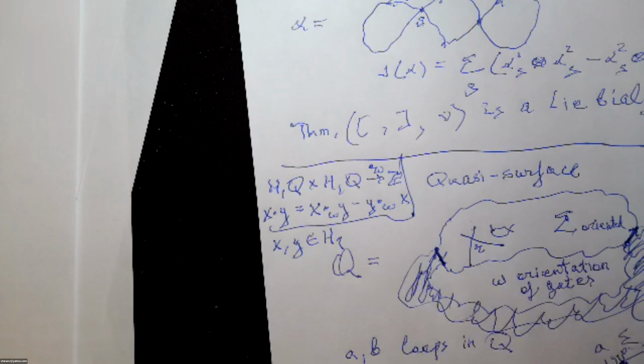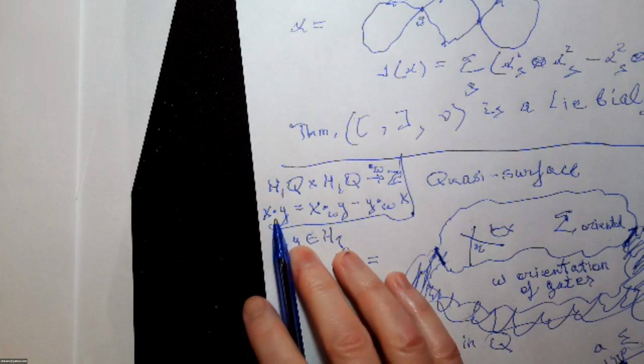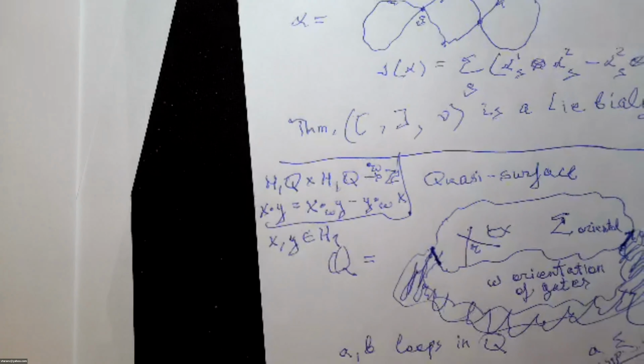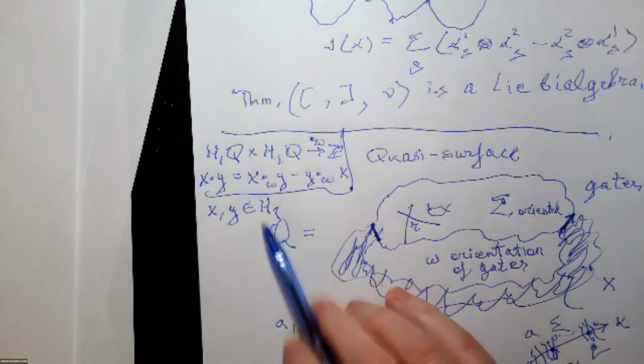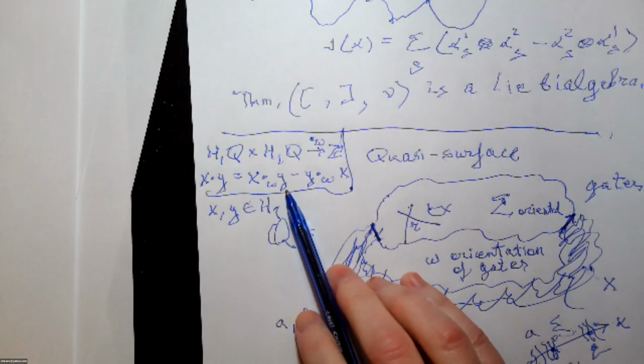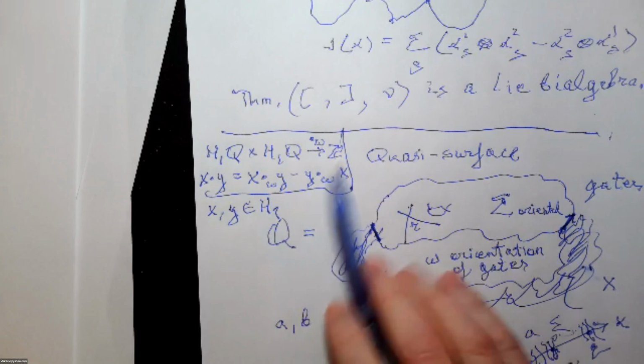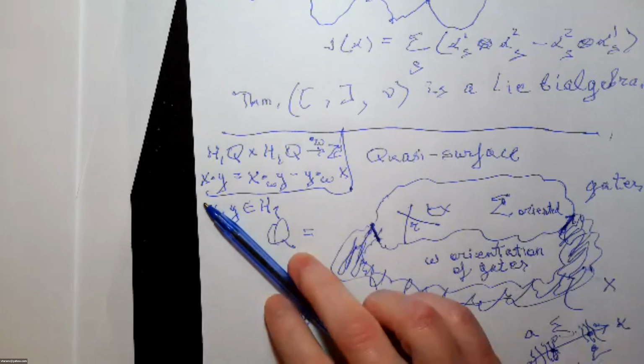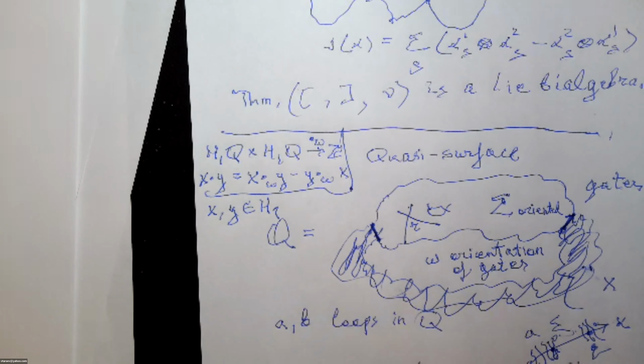Now, the claim is that this dot without omega actually does not depend on omega. So the gate orientation is needed to define this omega dot. When we skew symmetrize it, we get something independent of the gate orientation, which means we have something which is a pairing inherently associated with that space.